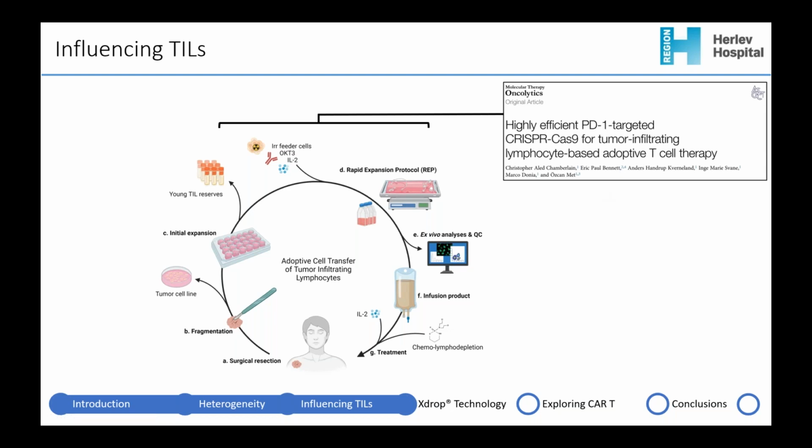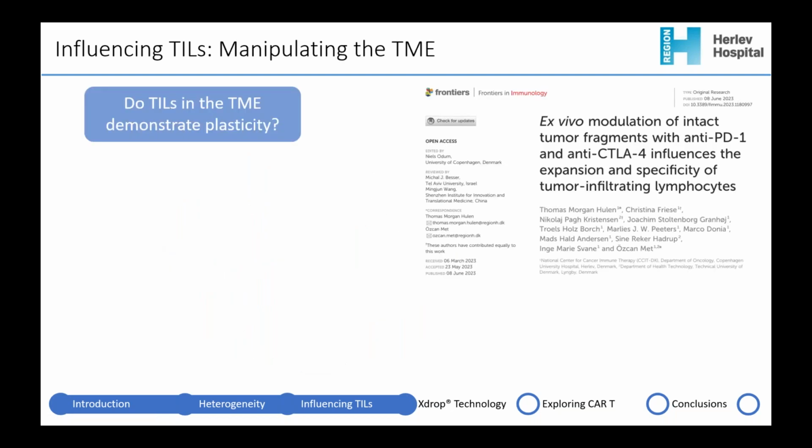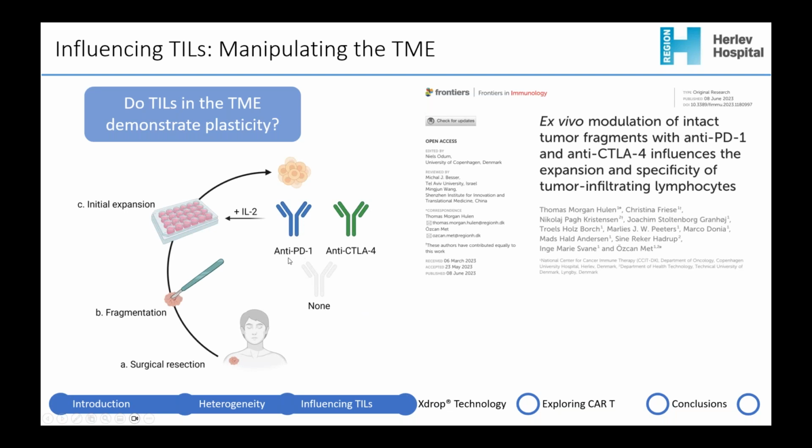But we also are curious: can we intervene at an earlier phase, maybe when the TILs are still in the fragment? Can we do anything to these cells so that we change the TIL output? This leads us to this explorative study. We essentially wanted to see if we could add checkpoint inhibitors to the TIL fragments, try to alter the tumor microenvironment, and then demonstrate some kind of plasticity in the TILs.